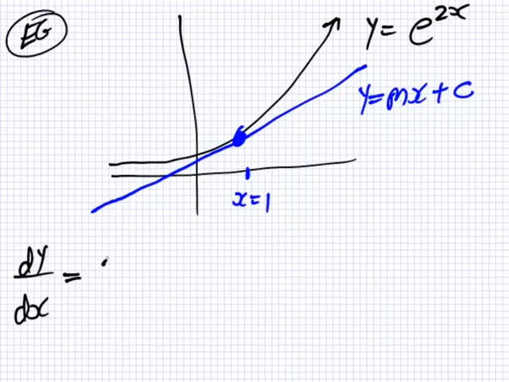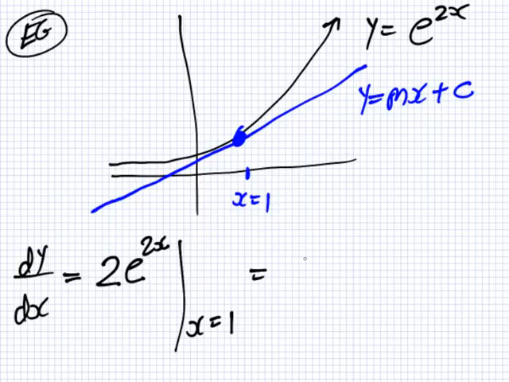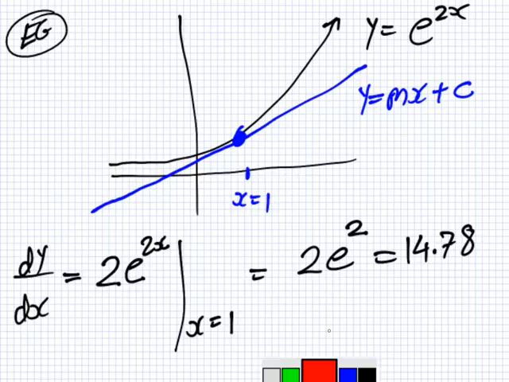What is it? 2e^(2x). But the x we know, what's the x? It's 1. So this will be 2e squared. And if you want that as a decimal, that is 14.78. So this is the slope.